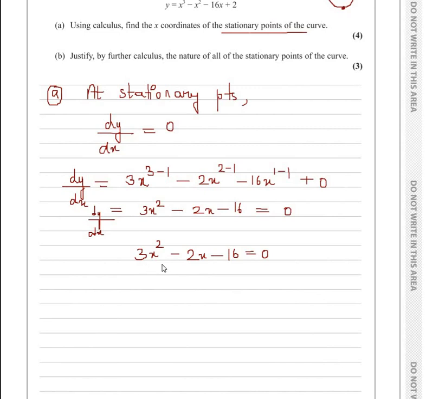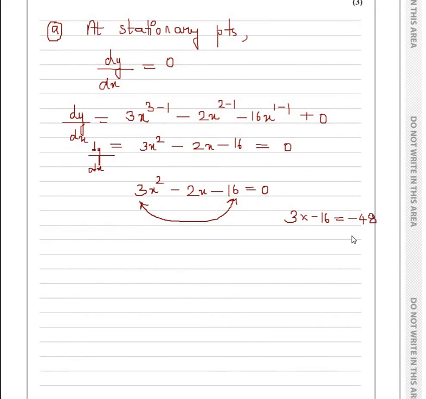Usually what we do in this method is we multiply the first term with the last term. So we get 3 times minus 16, that will give us minus 48. Now we have to find the factors of minus 48 which, added together, should give you the middle term as minus 2.